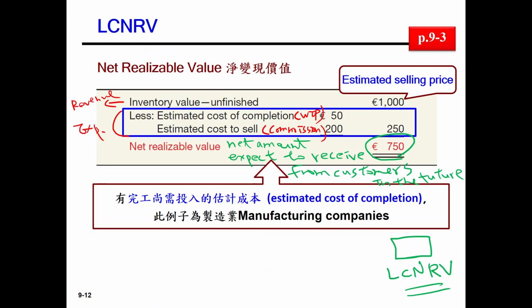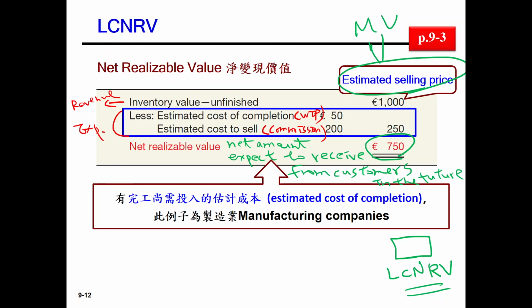If you forgot, NRV is your estimated selling price minus the related expenses. So what's the problem? Estimated selling price is my market value. So you have to find out your estimated selling price, meaning your estimated market value, right? Selling price is your market value, how much money you sold to customers.